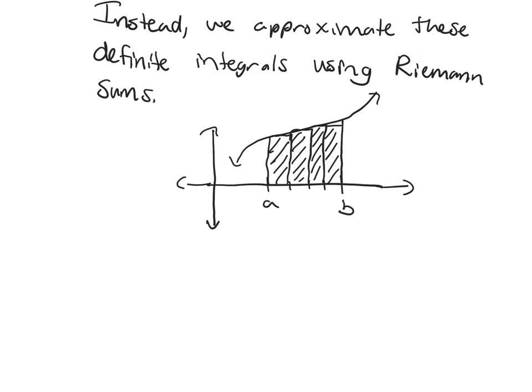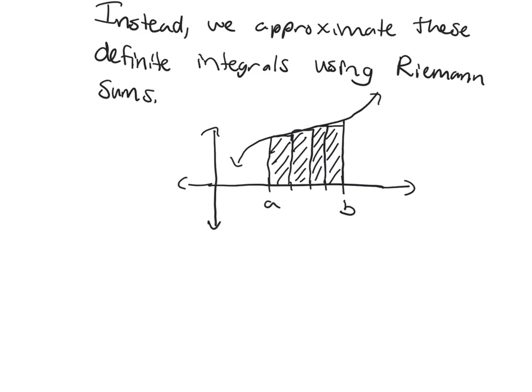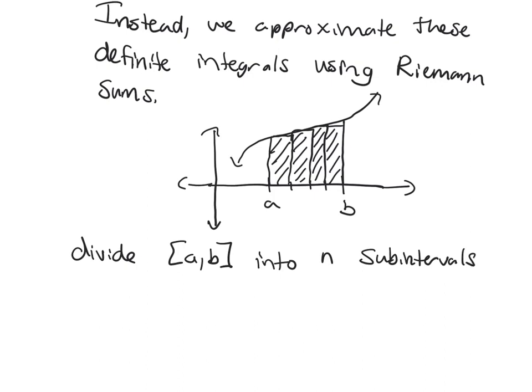So I'm going to give you the formula for a Riemann sum. So what you do is you divide the region between a to b into n subintervals of length. We call the length delta x. It's the length of your interval divided by n.